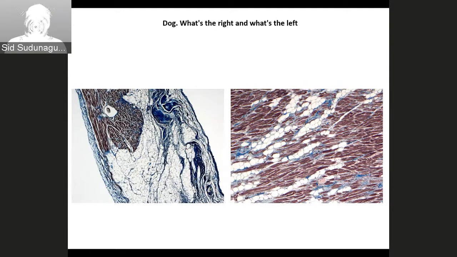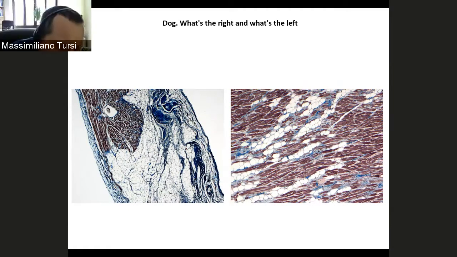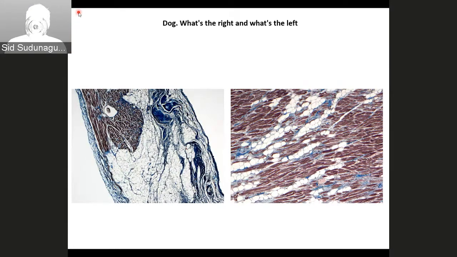So the red is myocardium. The more blue is more collagenous or fibrous tissue. Do you remember the name of the stain? Is it Masson's trichrome? Yeah. Masson's trichrome, that's correct. And white is fat, adipocytes.